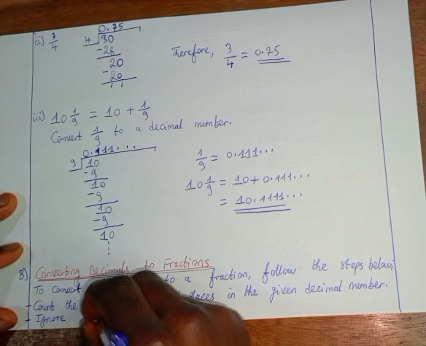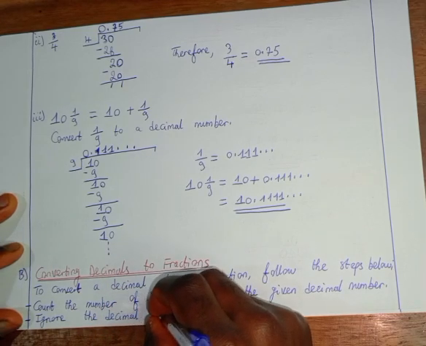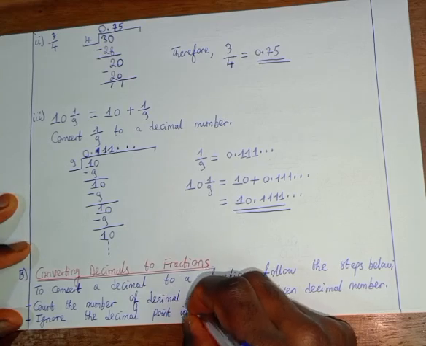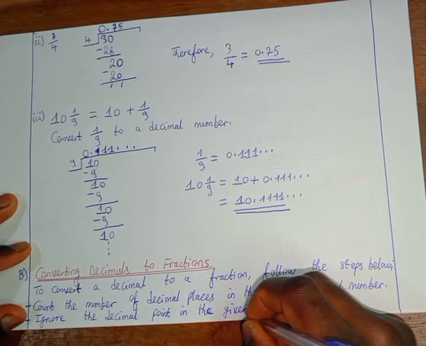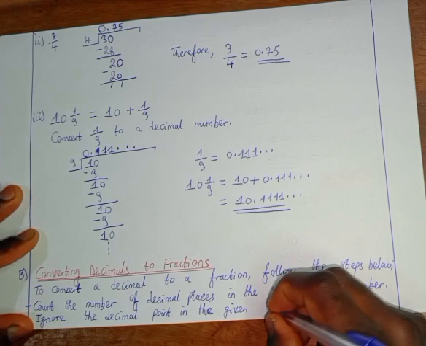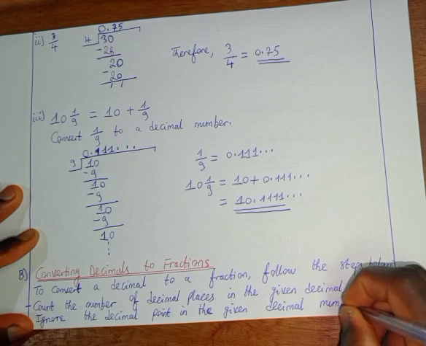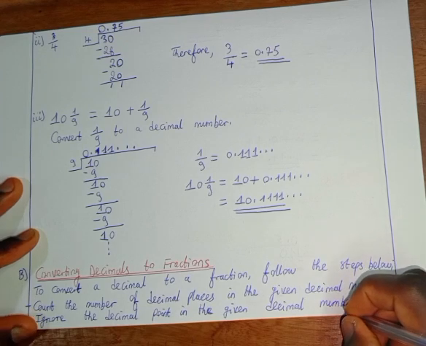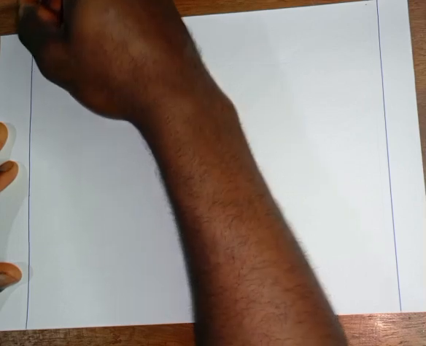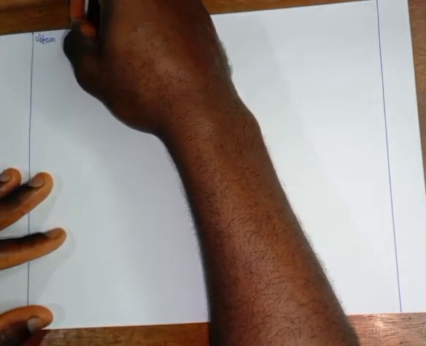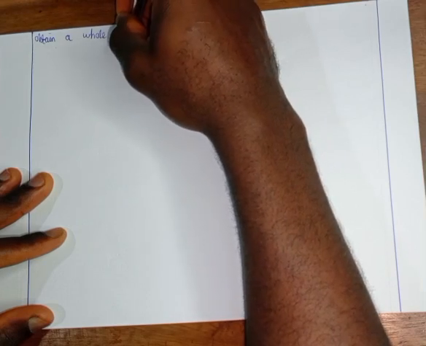the decimal point in the given decimal number to obtain a whole number.